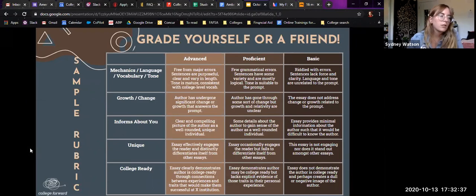Growth and change is the story format and the story arc. Informs about you: does it showcase who you are as a person, or what challenges you overcame? It talks about college readiness and uniqueness. College readiness is more of, did it show what experience you've gone through that shows you'll be successful at whichever university you do attend.